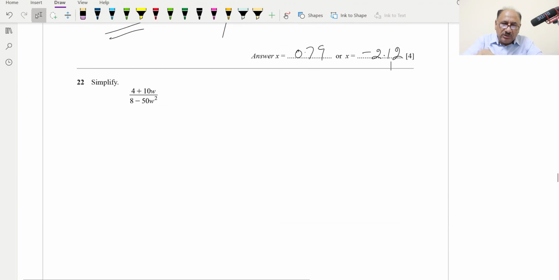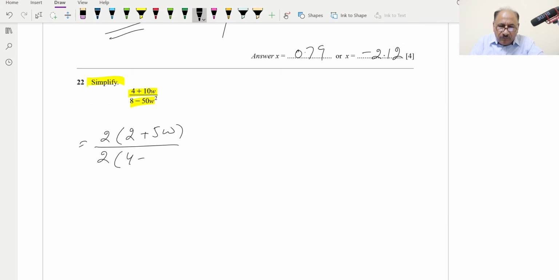Basically, question number 22. We have to simplify this expression, and what we will do, we can take 2 common from the numerator, so 2 times 2 plus 5w, and from the denominator also we can take 2 common, and it will be 4 minus 25w squared, and 2 we can cancel, and the remaining part we can write as 2 plus 5w divided by 4 minus 25w squared.